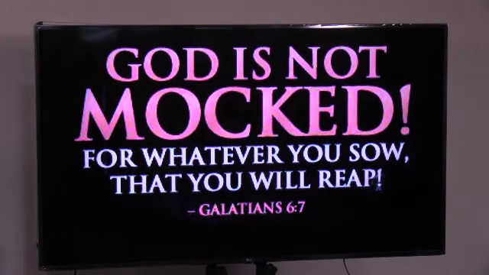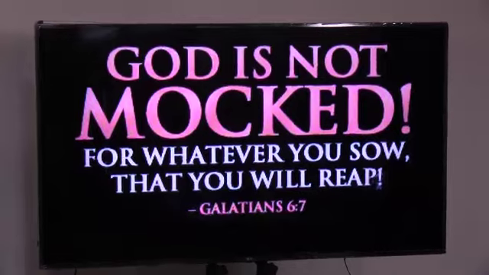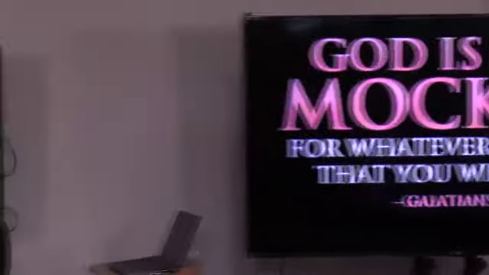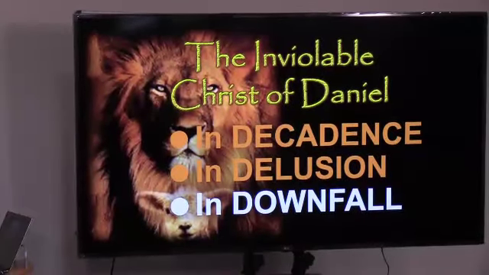For whatever you sow, that you will reap. What's really tragic is that a lot of these things that men saw are sown in delusion, thinking that you can be greater than God, when in fact you're only the creature, you're not the creator. So you cannot violate Christ in your decadence, you cannot violate Christ in delusion, and lastly, you cannot violate Christ in your downfall.